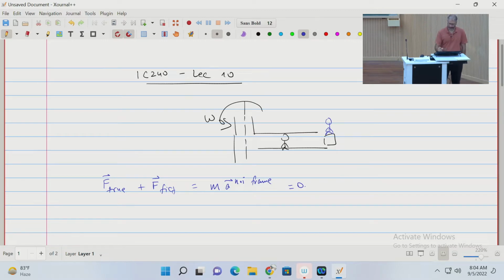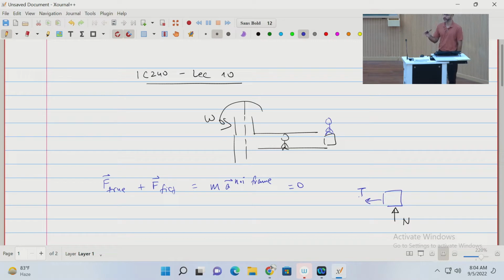So if I look at the two forces, one is tension, that's one of the true forces we had, and the other true force we had for case A was an F theta that was actually coming from normal. So these were the two true forces.